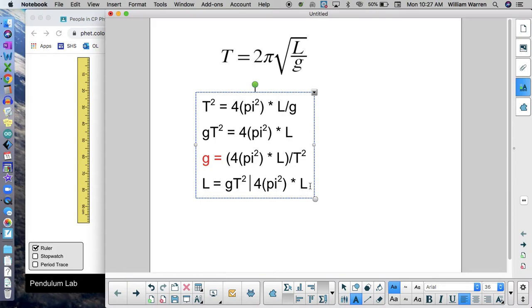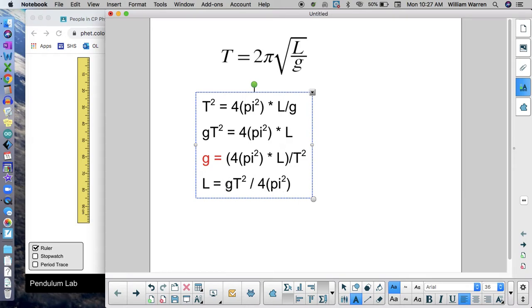We leave L where it is. We divide both sides by 4 pi squared. And so we get G T squared divided by 4 pi squared.